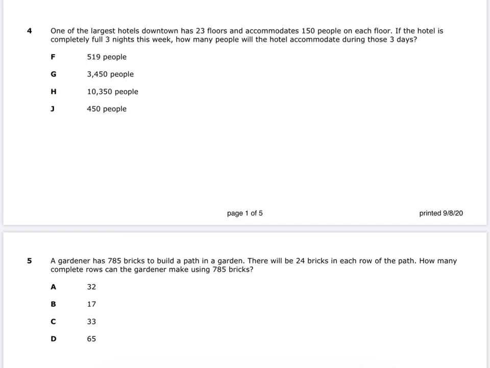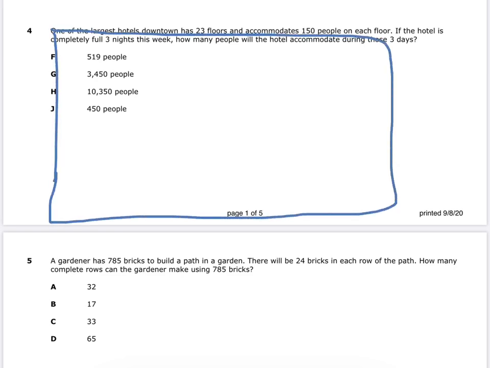All right, number 5. A gardener has 785 bricks to build a path in a garden. There will be 24 bricks in each row of the path. How many complete rows can the gardener make using 785 bricks? Okay, so we have to think, what are they asking us?